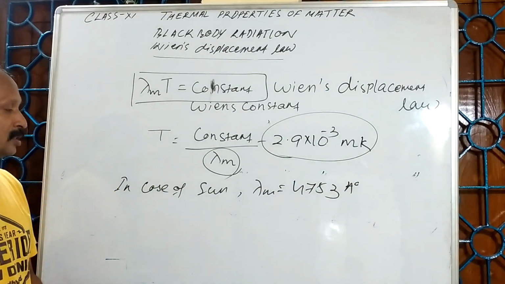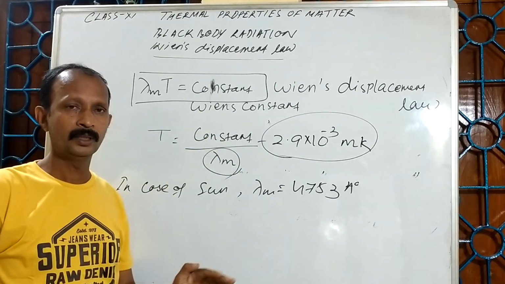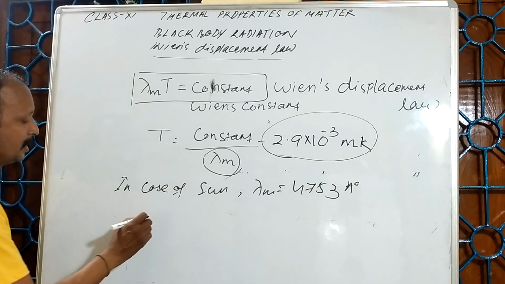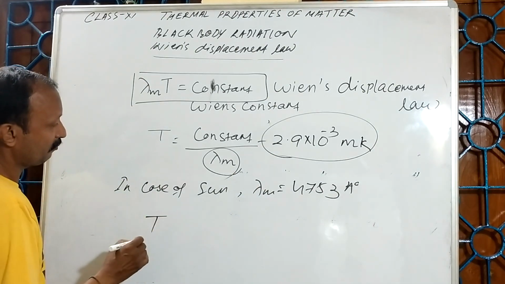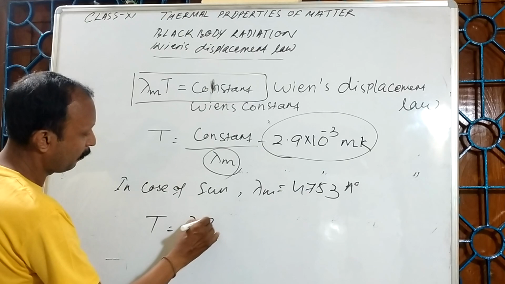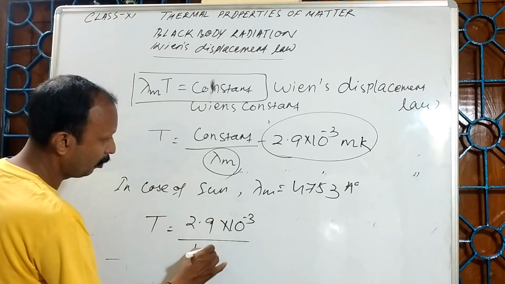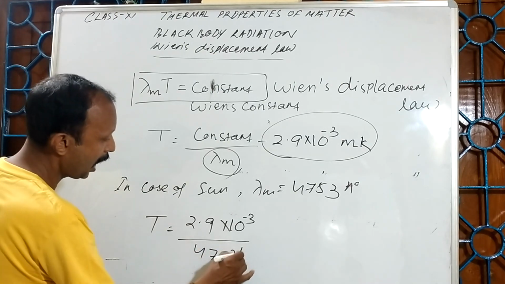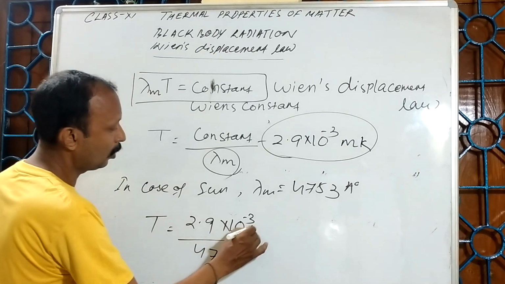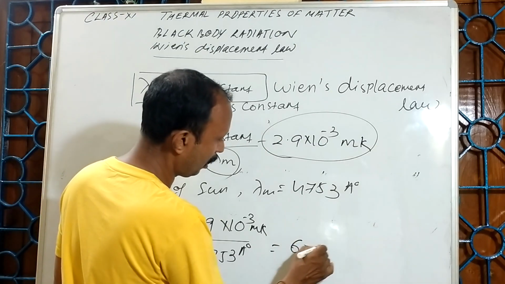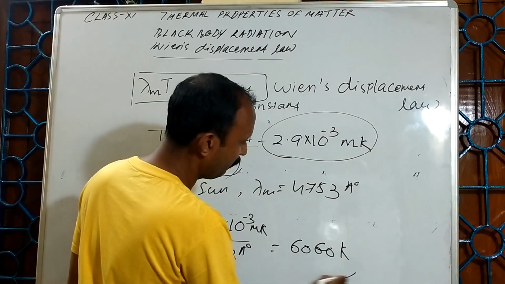So the surface temperature is equal to 2.9 into 10 to the power minus 3 upon 4753 angstrom. If you calculate, you get 6060 Kelvin.